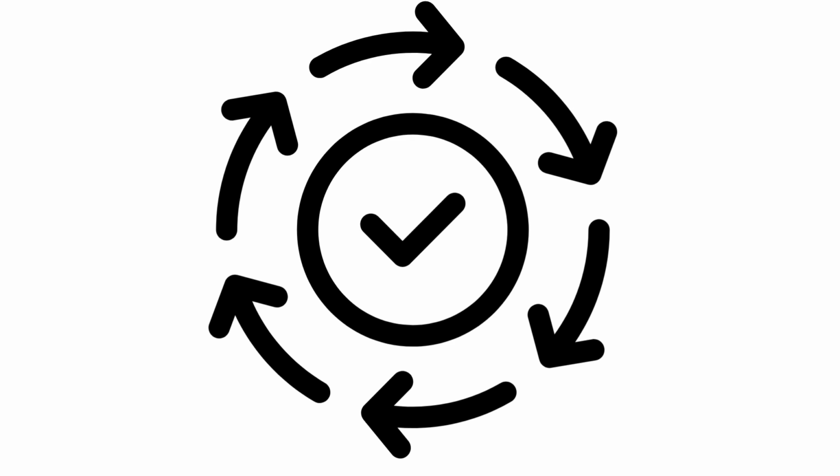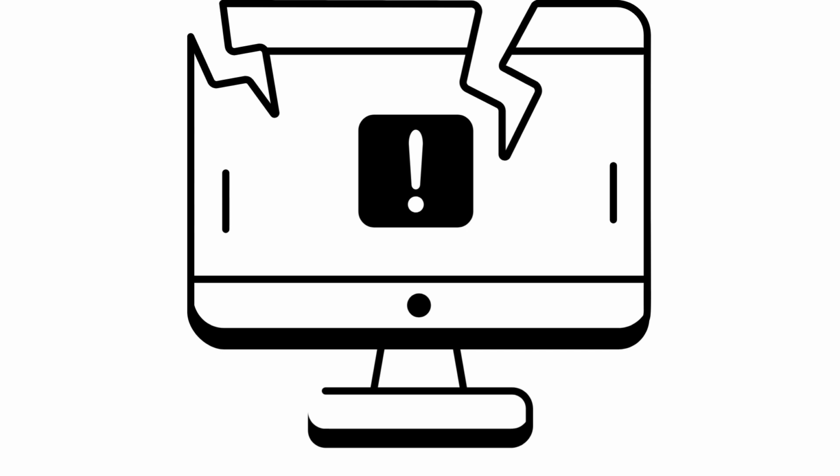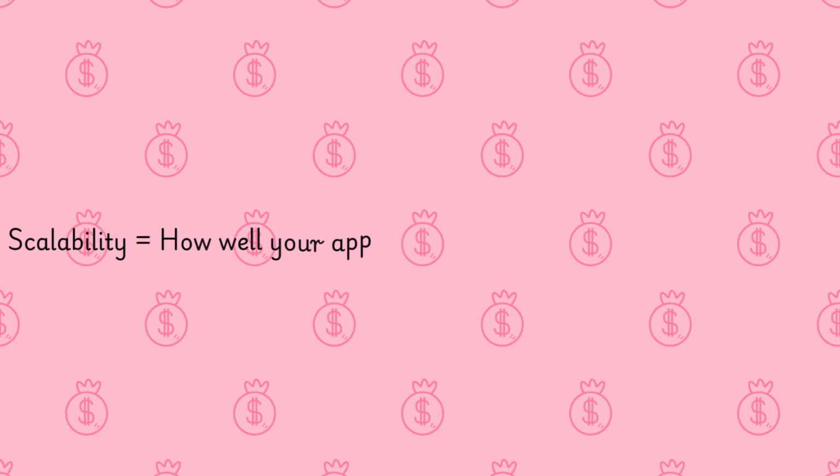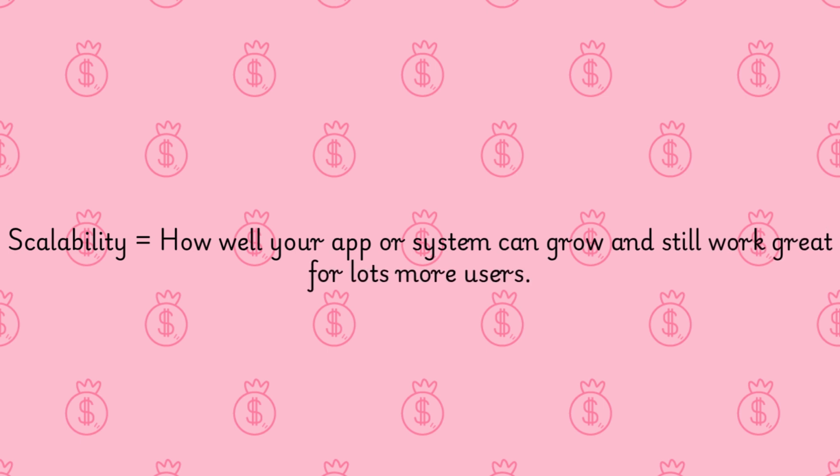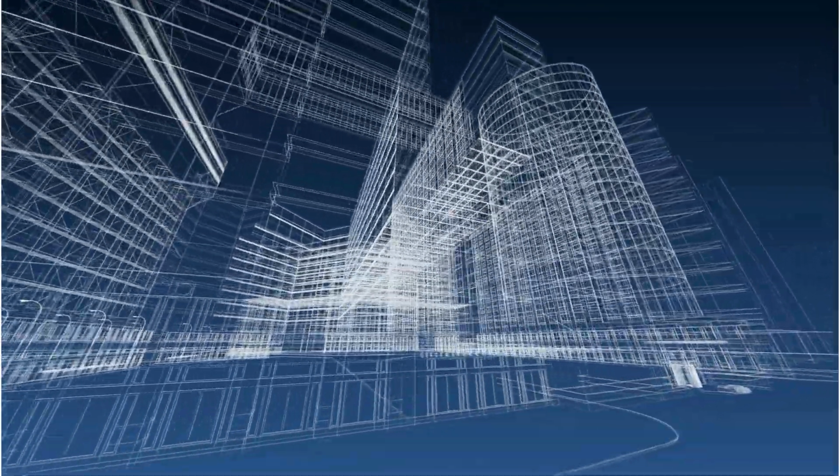So we need scalability to ensure that our app or website is fast and reliable as more people use it, and also to avoid crashes or slowdowns during big traffic spikes. So in summary, scalability is how well your app or system can grow and still work great for lots more users.